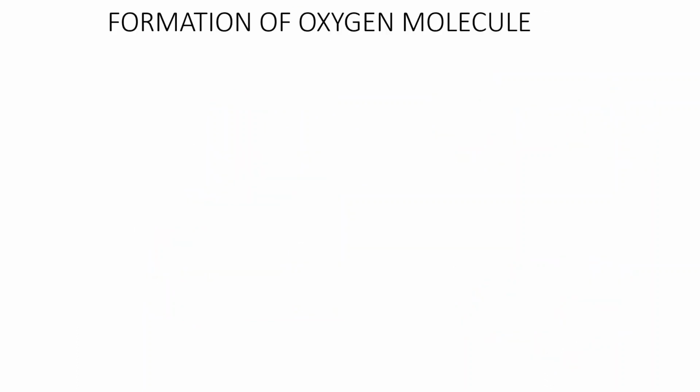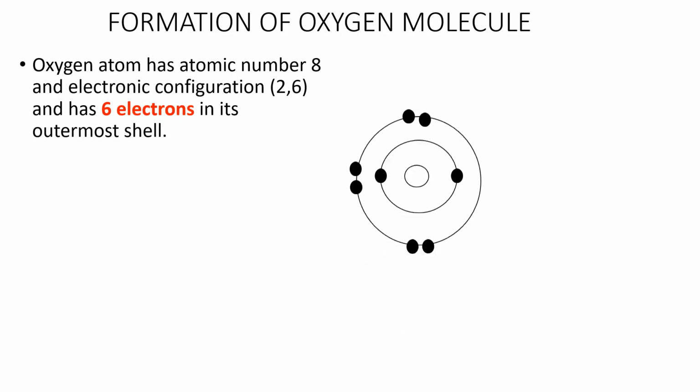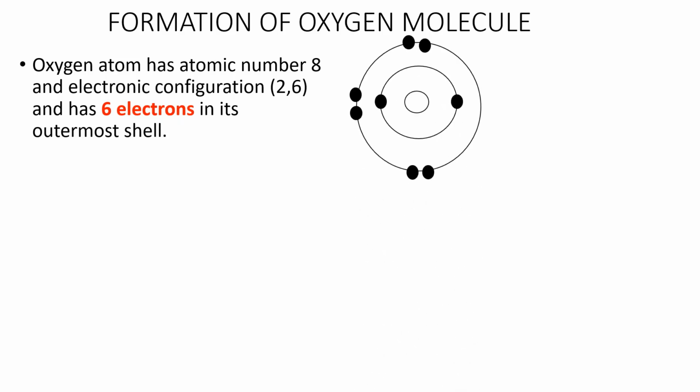Now, formation of an oxygen molecule. Let us study the formation of an oxygen molecule. Oxygen has atomic number 8, electronic configuration 2,6. So the oxygen atom possesses 6 electrons in its outermost valence shell.